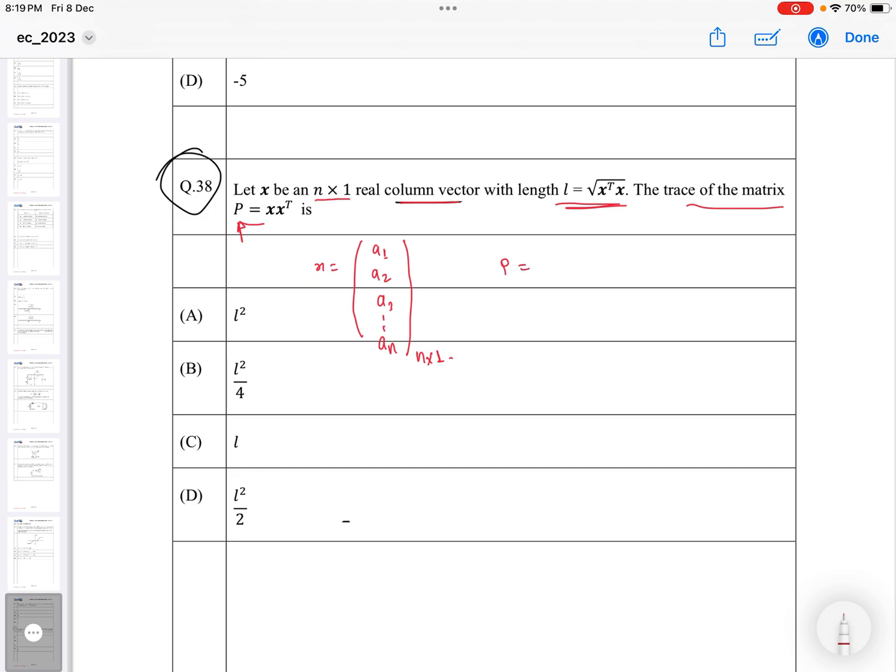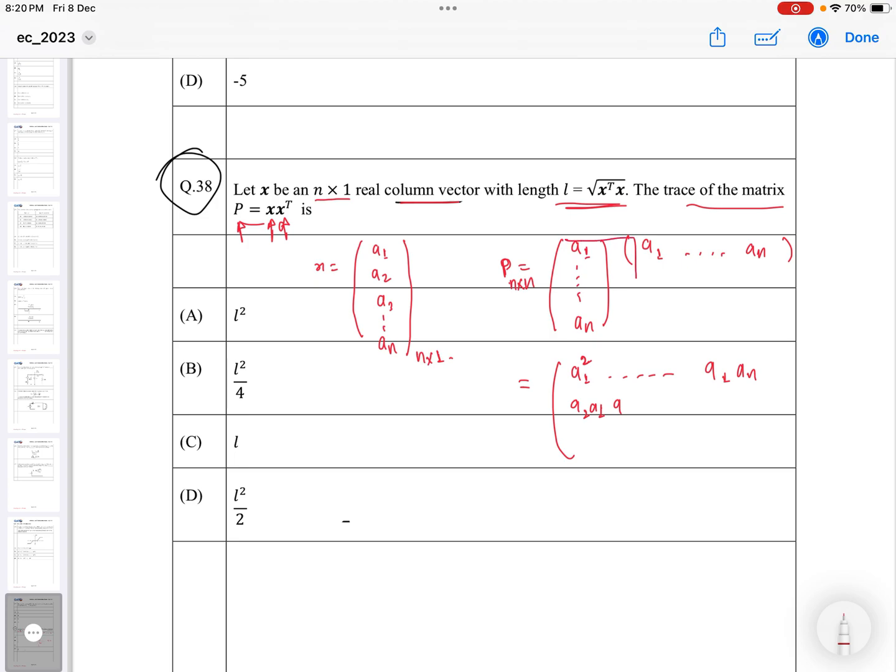So what it will be? This is X, right? So we can write X as it is, A1 till AN, and this X transpose is A1 till AN. Now we can do the multiplication, then this P will be an n by n matrix, right? If you do the multiplication, then here we will get A1 AN, here we will get A2 A1, and here will be A1 square.